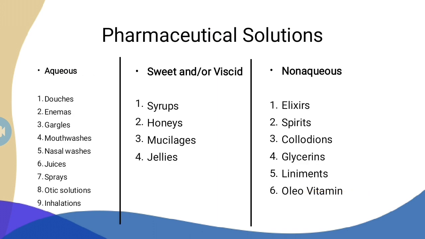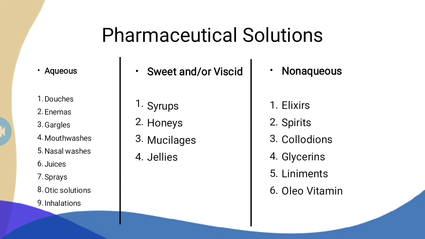Pharmaceutical solutions are categorized as aqueous, sweet and or viscid, and non-aqueous. In the first category, the aqueous solutions, examples are douches, enemas, gargles, mouthwashes, nasal washes, juices, sprays, otic solutions, and inhalations. These products contain water. The second category is the sweet and or viscid.